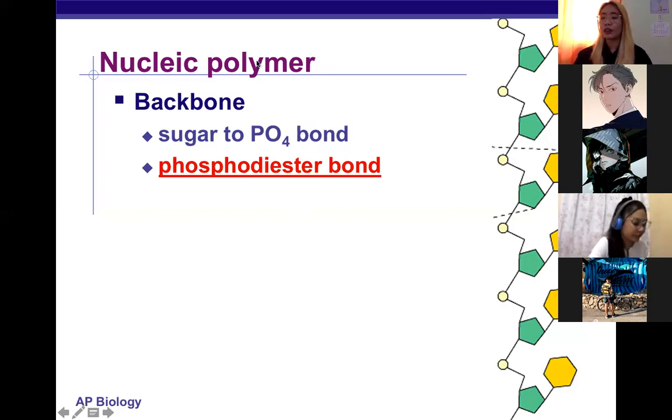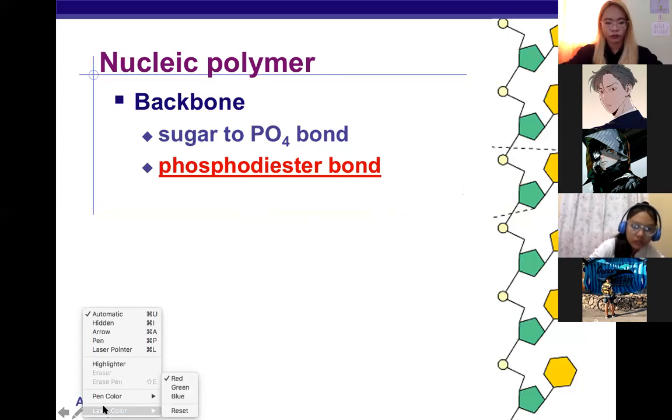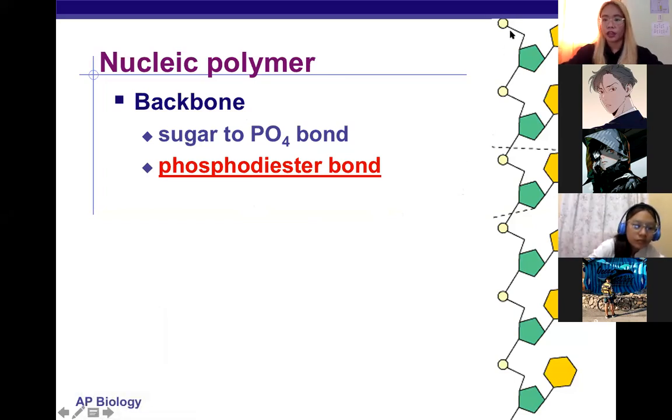Pero pagdating sa nucleic acids, we have what we call as phosphodiester bonds. So this bond is actually formed between the ribose or the deoxyribose sugar and the phosphate molecule. So itong connection nila on this part, ayan, meron palang ganun.